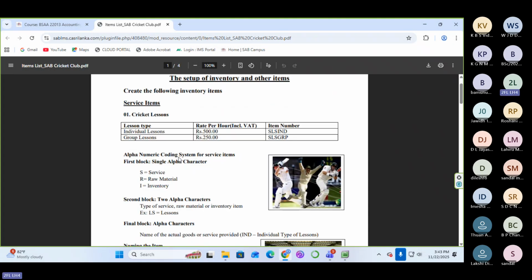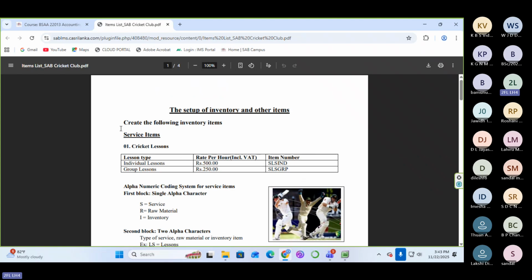Now, I just want you to remember that you are the accountant of this SAB cricket, as we agreed on the first day. Then you should have a proper understanding about what business we are doing. What are the products we are offering? What are the business we are doing?